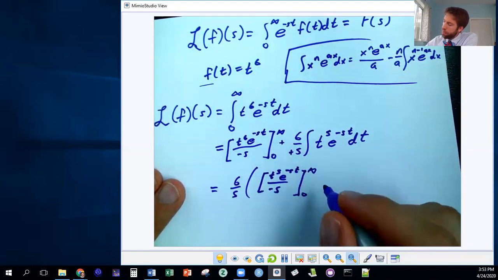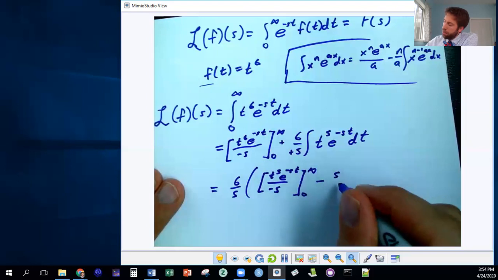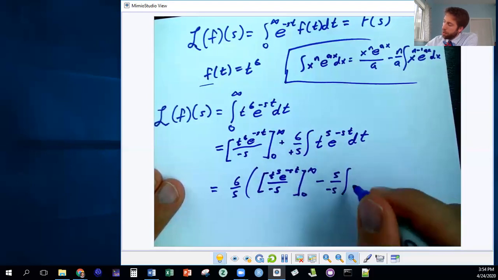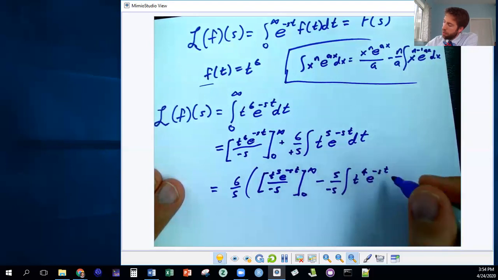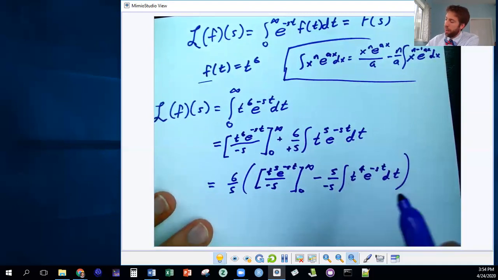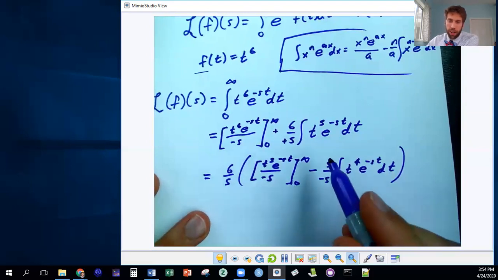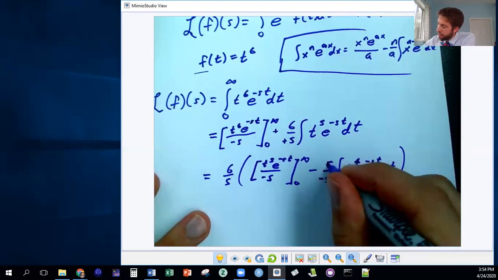And let's see, minus 5 over negative s times integral t to the 4th e to the negative st dt. Okay, well, let's simplify. That is 0 again, and that's a 5, and that's an s in case you can't read that.